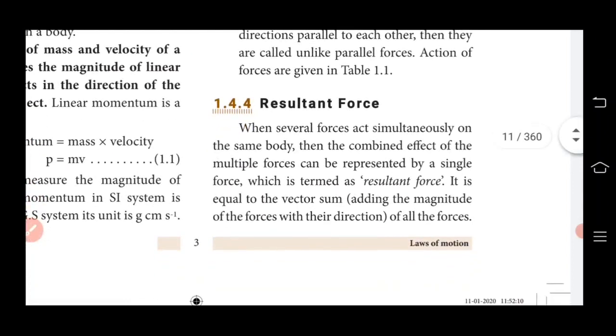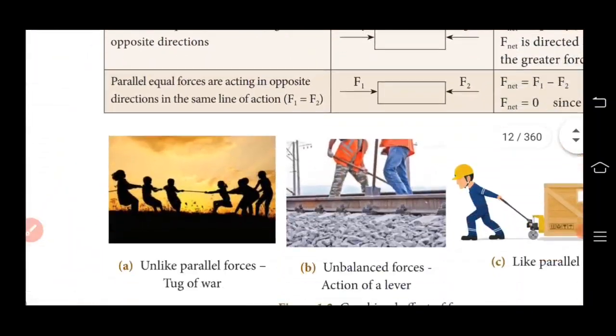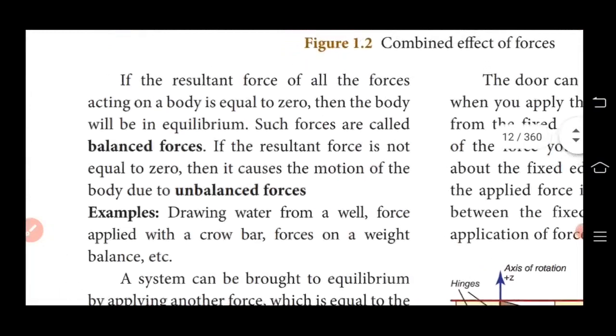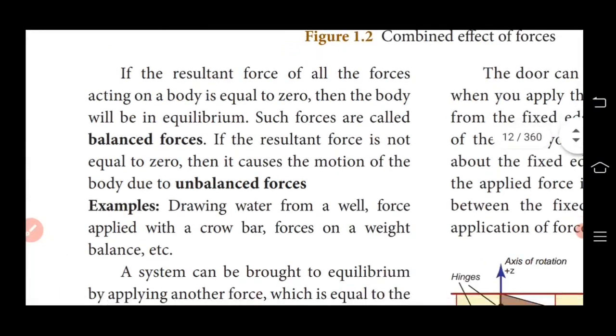Resultant force: when the combined effect of multiple forces can be represented by a single force, it is termed the resultant force. And then balanced and unbalanced forces. If the resultant force of all the forces acting on a body is equal to 0, then the body will be in equilibrium.